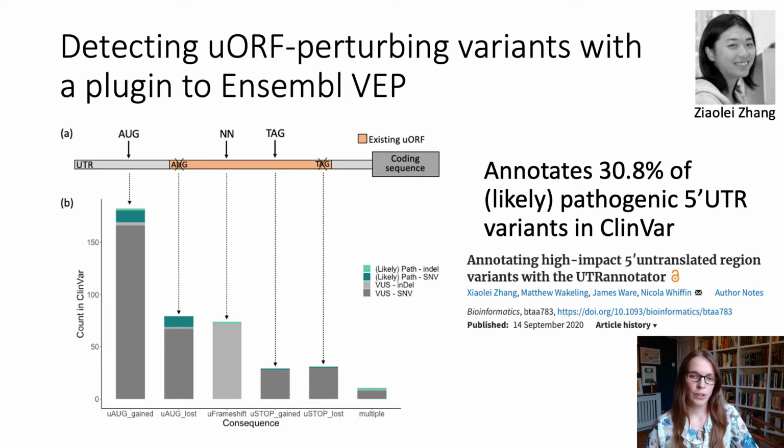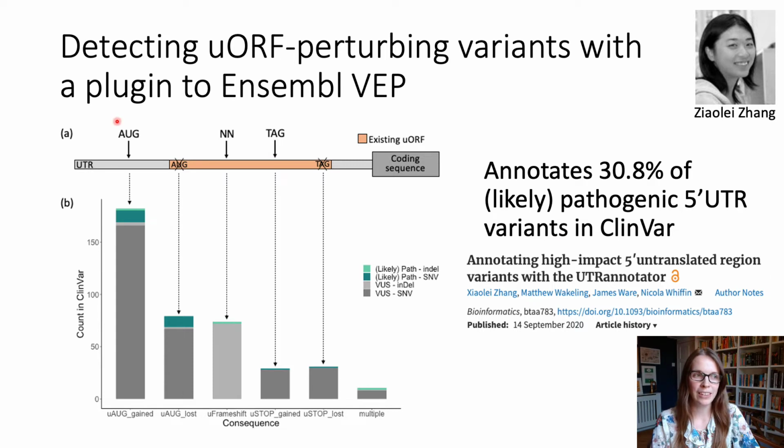Because we found that these variants were likely important in disease across different patients, we then created a tool to allow these variants to be detected in different cohorts. A very talented PhD student, Xiaolei Zhang, created a plugin to the Ensembl Variant Effect Predictor that identifies all these different types of mutations that either create or perturb uORFs.